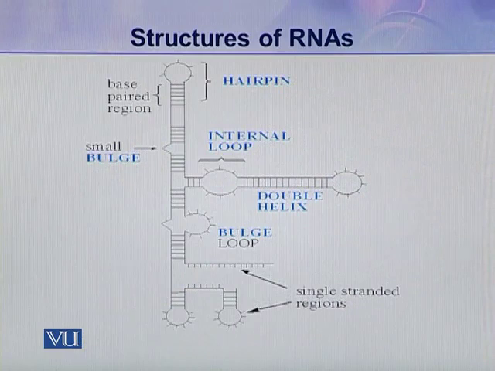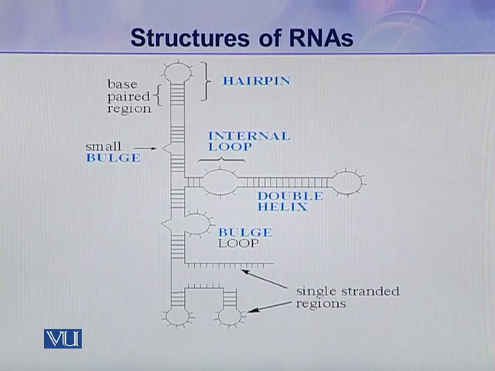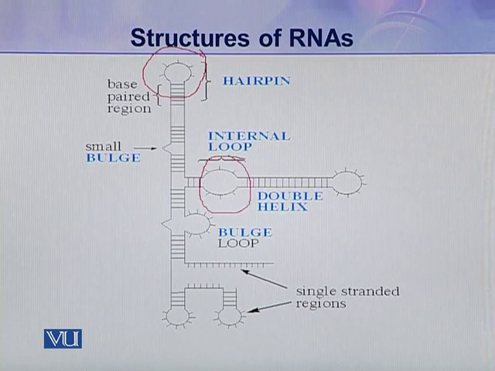So this can be made clear by this illustration. In this illustration, you can see a number of secondary structures assumed by the ribonucleic acids. For example, here you can see this is a hairpin loop, and this is an internal loop. This is not a hairpin loop, and this is a small bulge where only one or two bases are not complementary to each other.